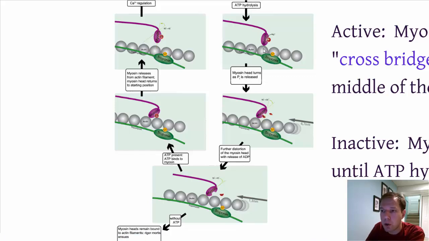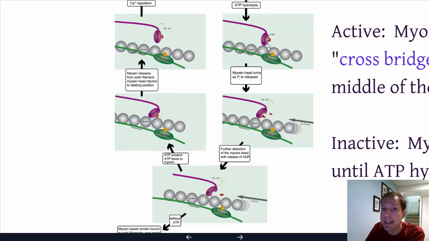The power stroke is going to be when ATP is hydrolyzed, releasing a free phosphate. Doing so is going to change the shape of myosin. Instead of being bent at a right angle, it is going to be at about a 50-degree angle. Doing so is going to exert some force in this image, moving actin slightly to the left.